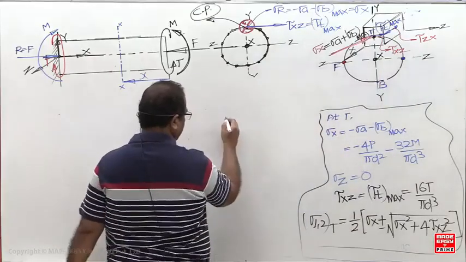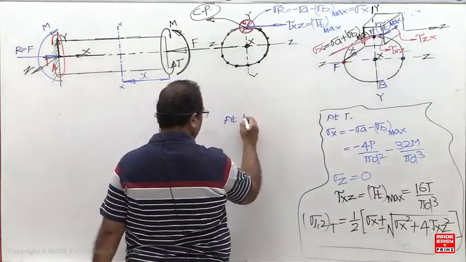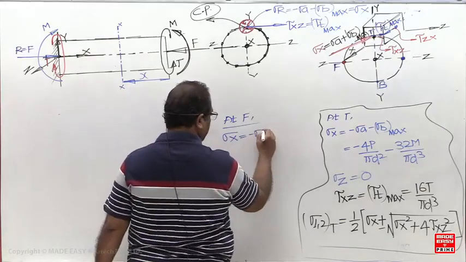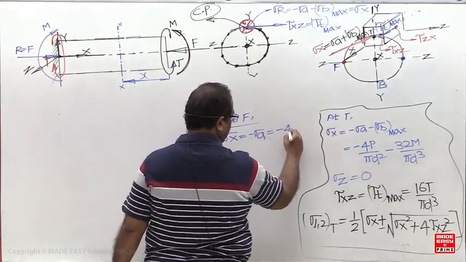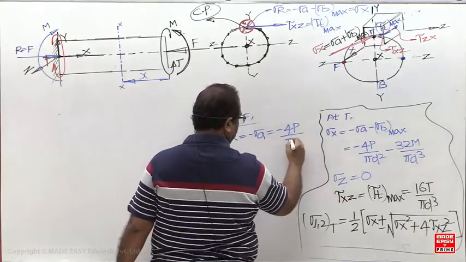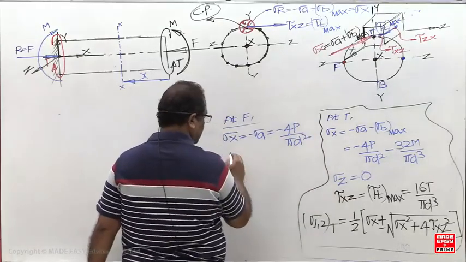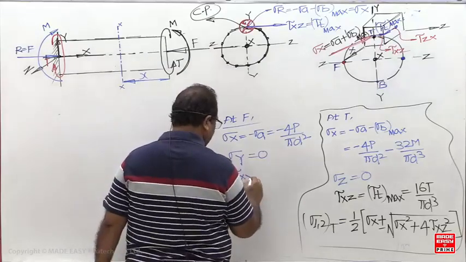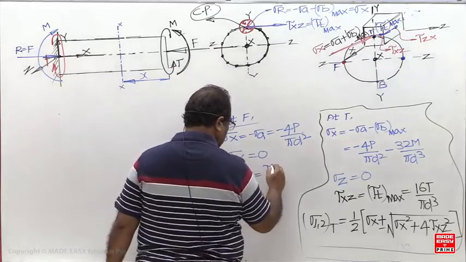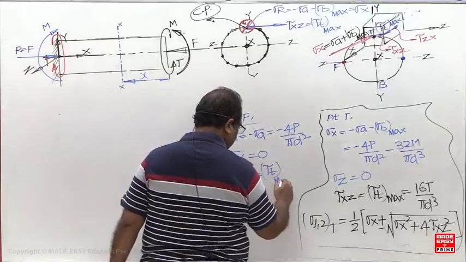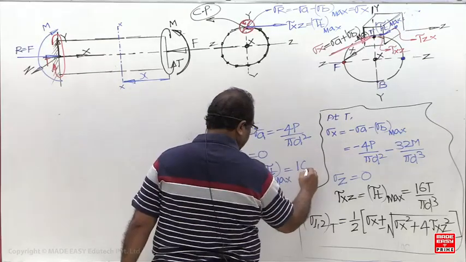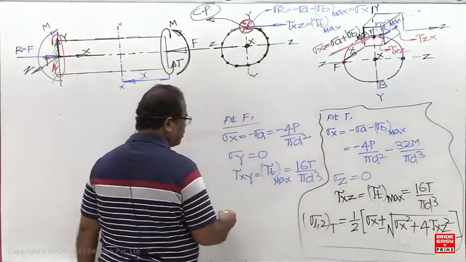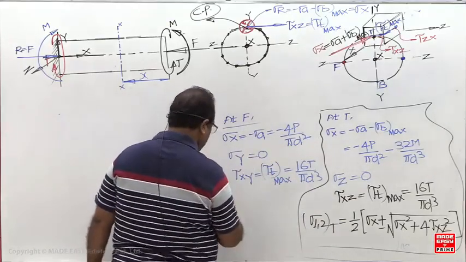At F, sigma x is only axial because bending stress is 0, sigma y is 0, and tau xy is tau T max.